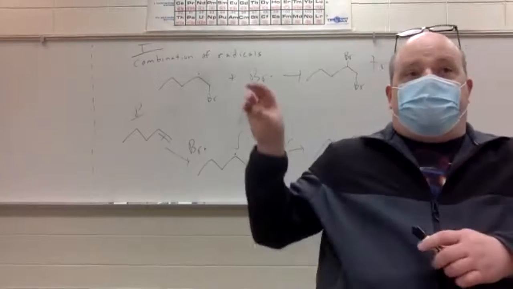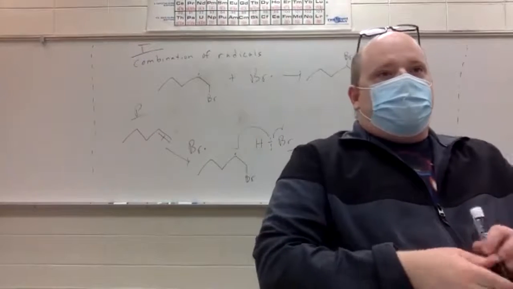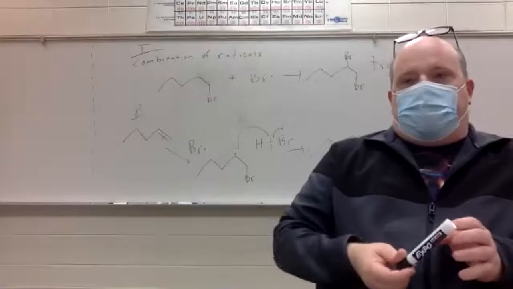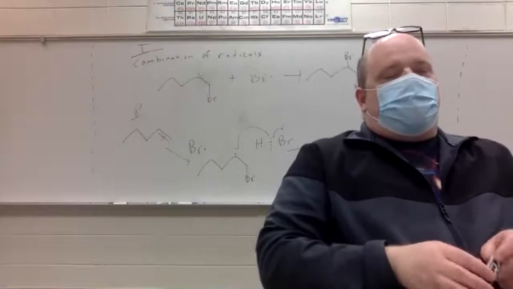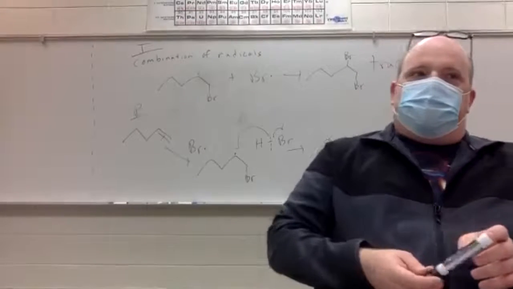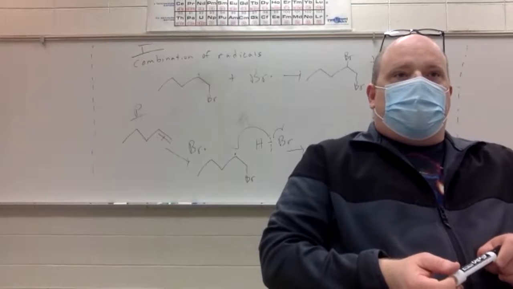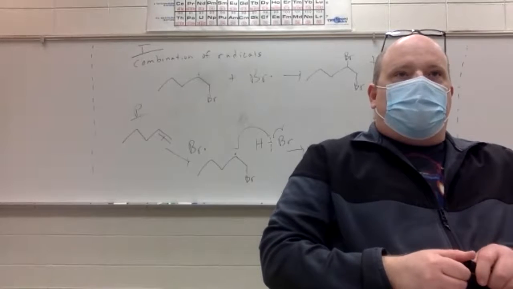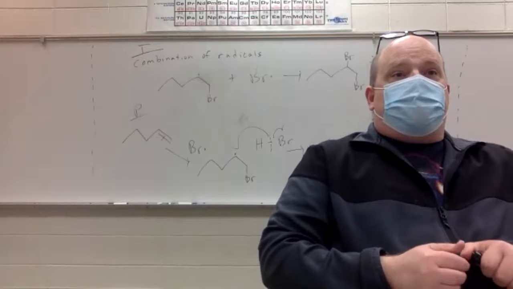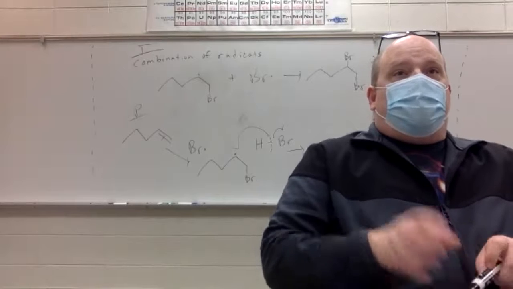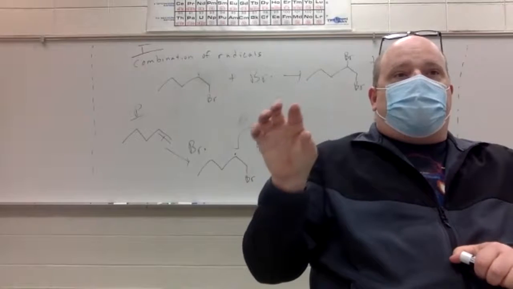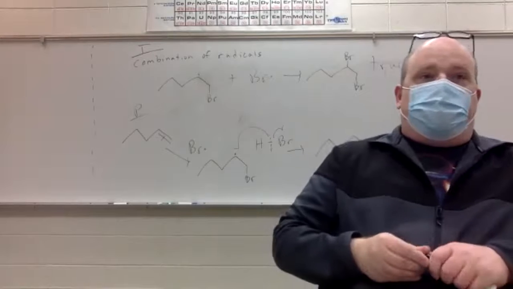And that Br2 gets cycled back into propagation. But other than that, I'm not too concerned about any. I'm more concerned about initiation and propagation in most cases. You'll want to include that one because that one's important. Without that Br2 that you form from that termination, the propagation couldn't continue.